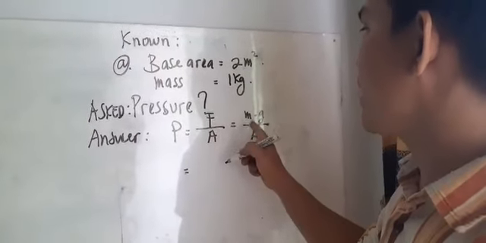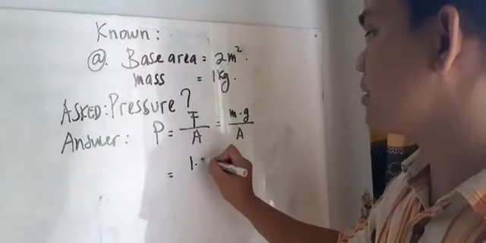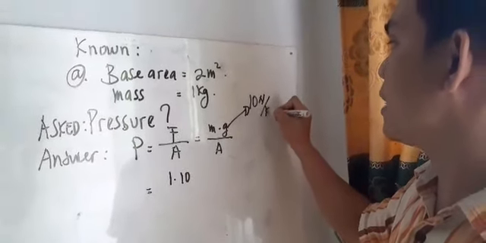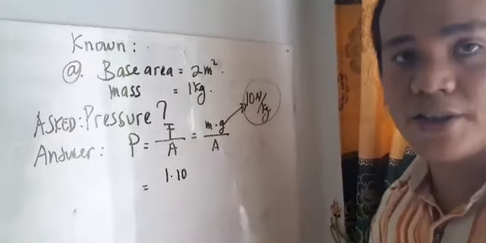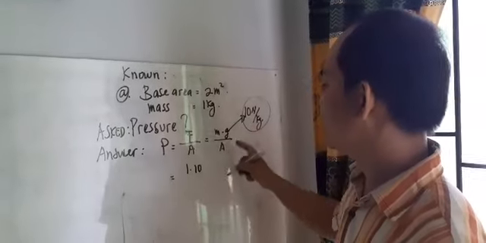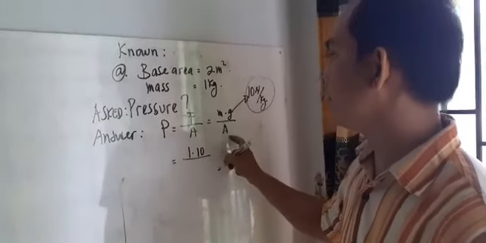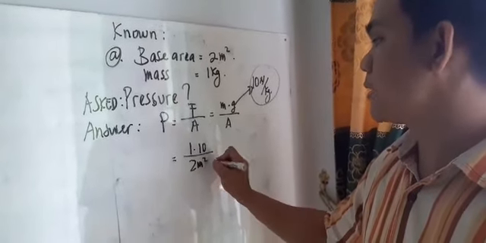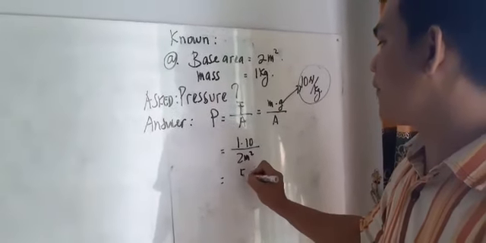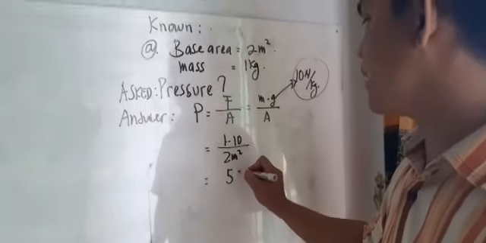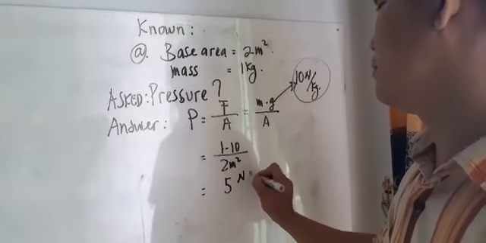So mass is 1 kilogram times 10, gravity being 10 Newton per kilogram. If the question does not show you the number, it could be 10 divided by the area of 2 meters squared, which is equal to 5. 1 times 10 is 10, divided by 2 is 5 Newton per meter squared.